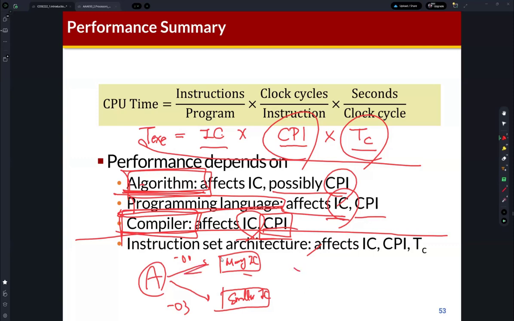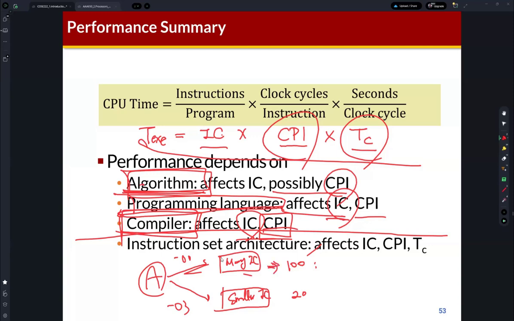Let us assume that when application A is compiled with no optimization, it generates 100 instructions, and when compiled with the high optimization level, it generates 20 instructions.